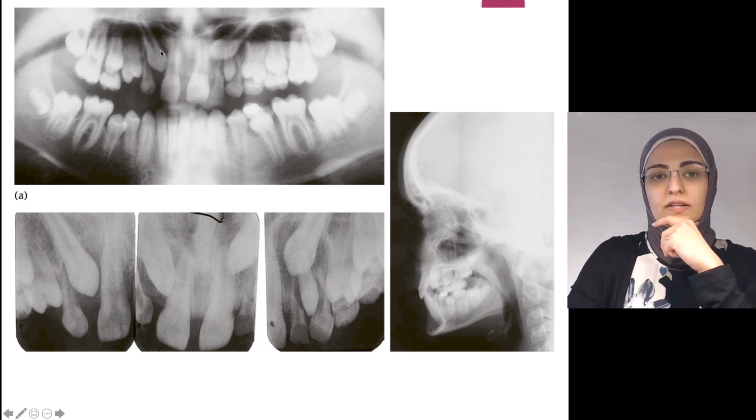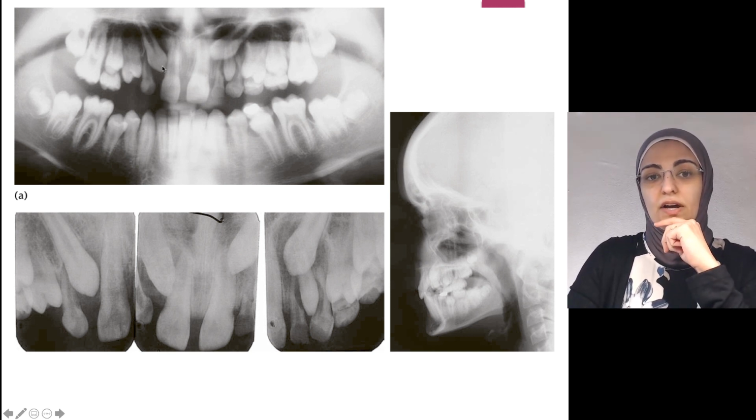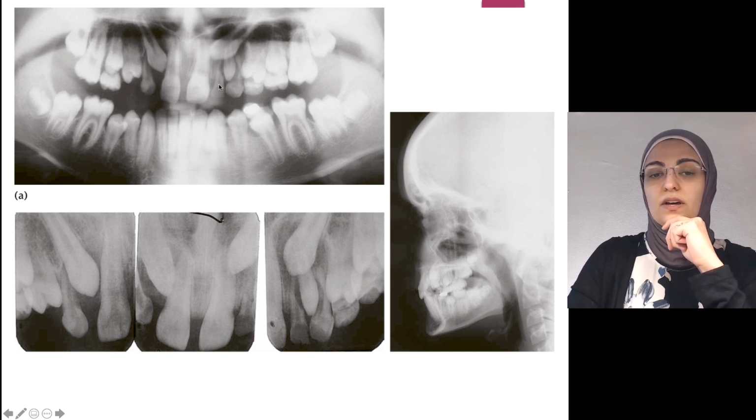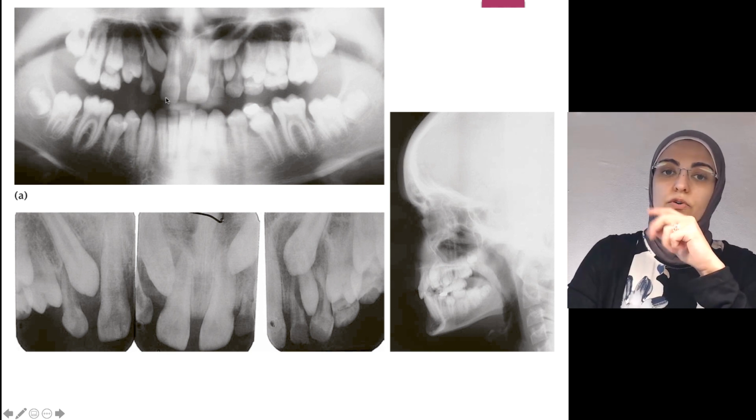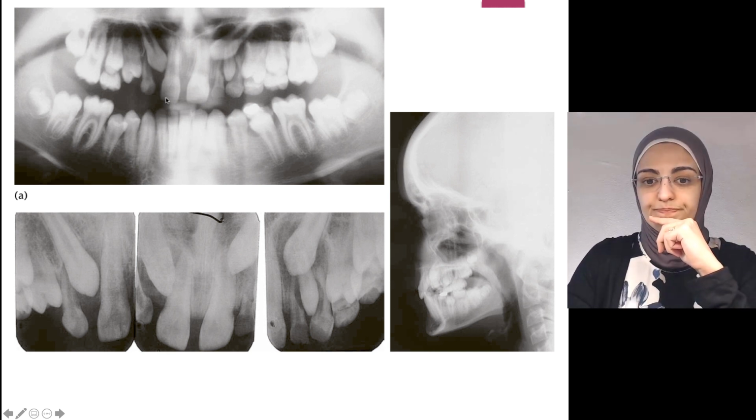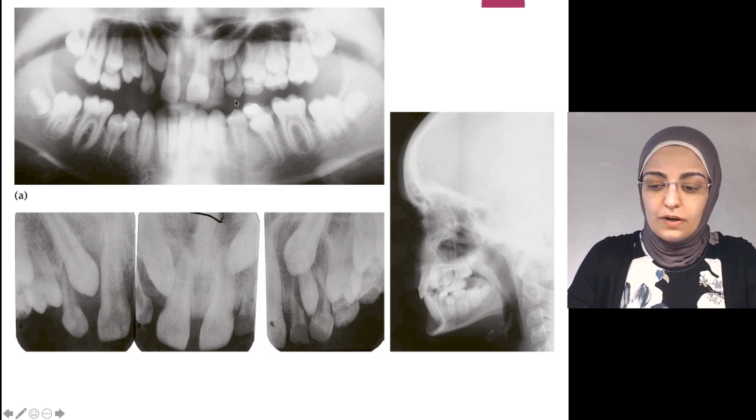So over here we can see that there is a missing lateral on the right and a peg-shaped lateral on the left. Although the peg-shaped lateral is also kind of ectopic, didn't erupt, didn't resorb the B, still we have the canine, and the canine here is going so much mesial, almost going towards the central. That can be a problem, and here we need to intervene.